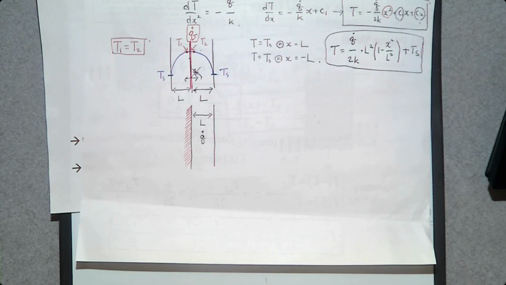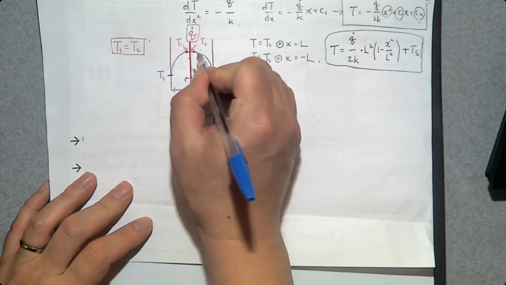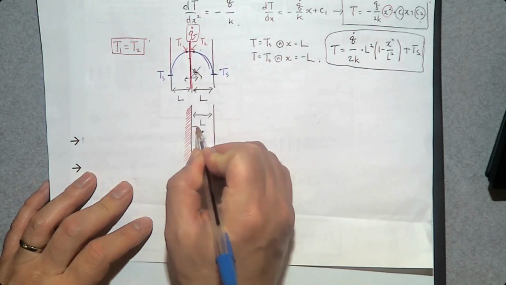Because when you have an insulation, that means there is no heat transfer. So when you have a symmetric boundary condition, that guarantees that there is no heat transfer across this center line. So this problem is exactly the same as this problem in terms of heat transfer. So when you add an insulation and there is a heat generation, the temperature distribution is going to be exactly like this one.